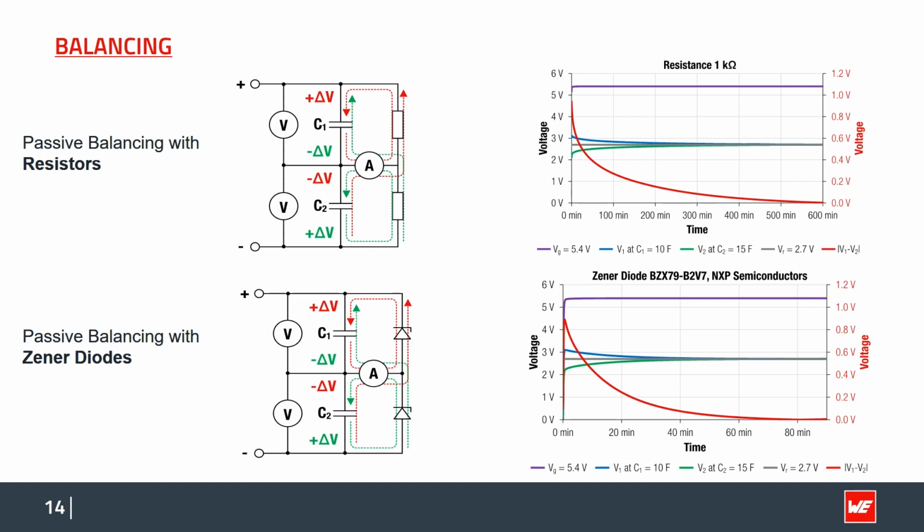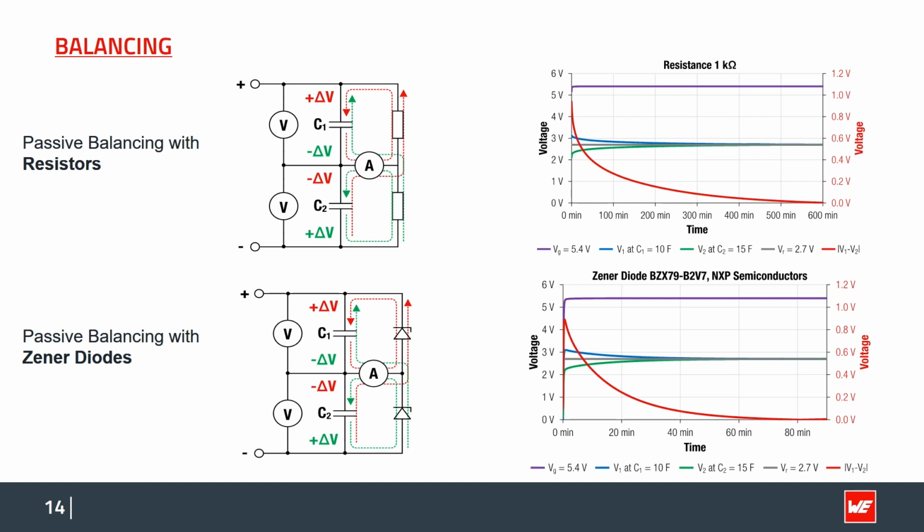The blue voltage curve is for the 10 farad and the green curve is for the 15 farad capacitor. Purple is the total voltage, and the red curve is the difference between the two capacitor voltages. As you can see, we start with a large voltage difference where the 10 farad is charged over 3 volt. This discrepancy is then balanced over time of about 600 minutes. It is the slowest balancing and more a balancing for the internal resistance than for the capacitance.